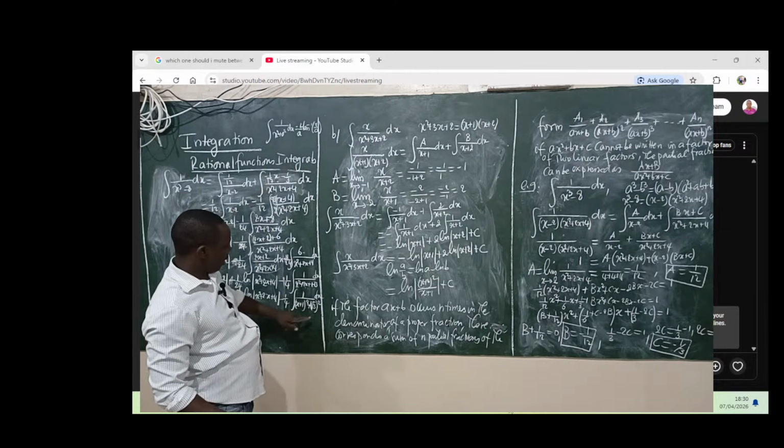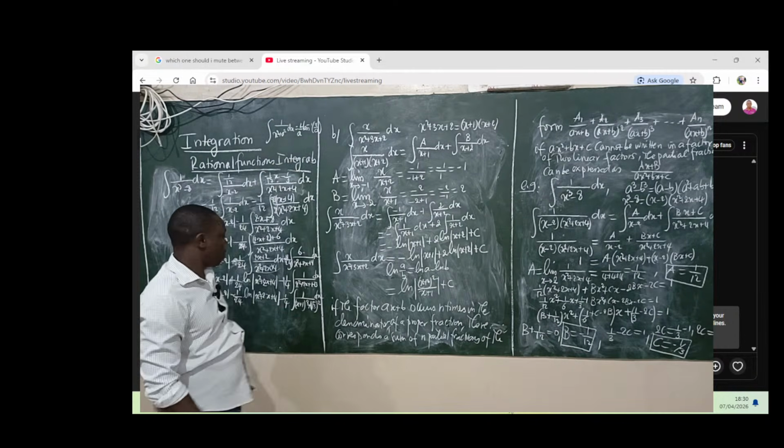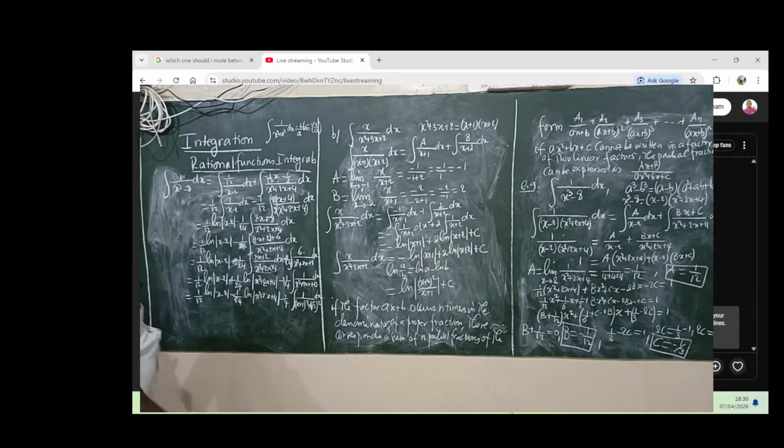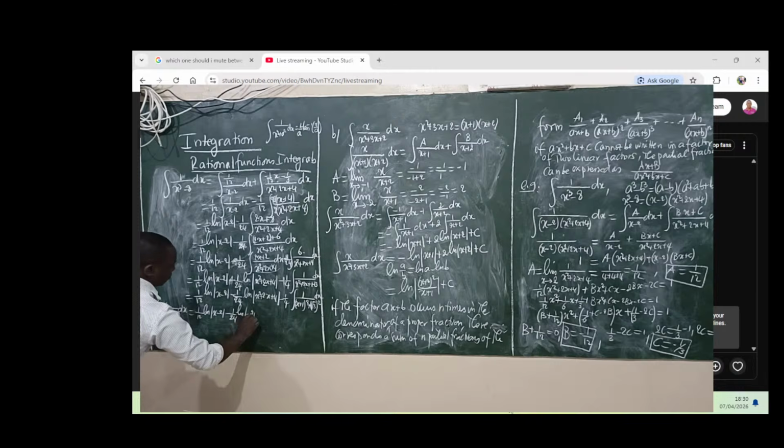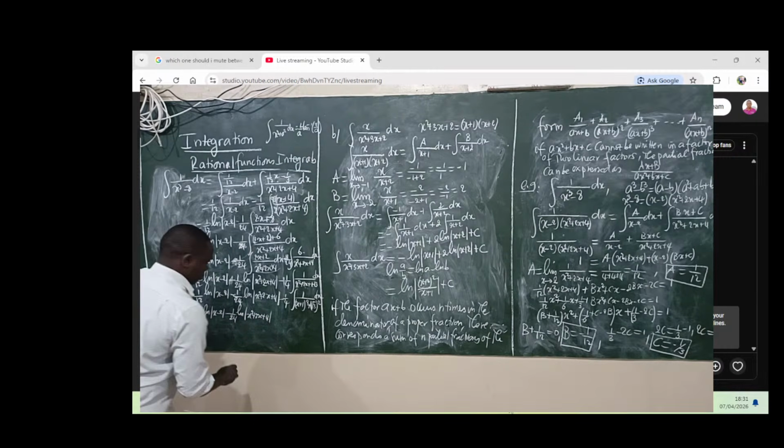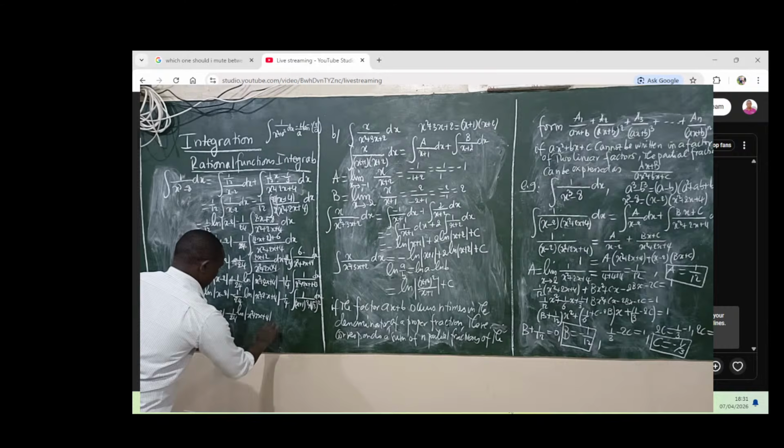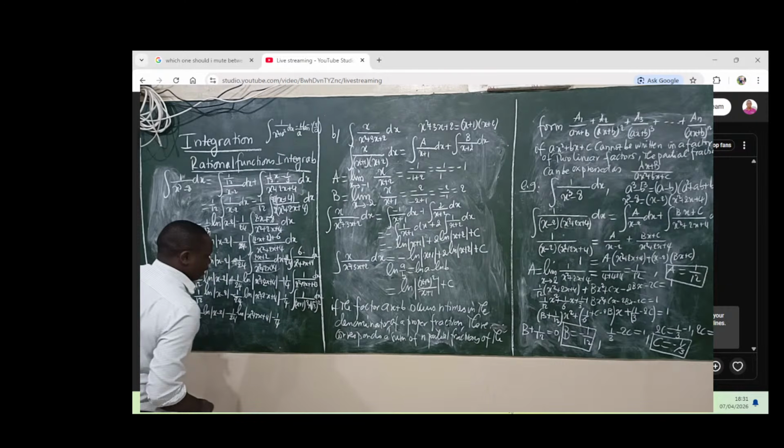Okay? The given integral 1 by x cubed minus 8 dx is going to be 1 by 12 ln x minus 2 minus 1 by 24 ln of x squared plus 2x plus 4, plus minus 1 over 4 times 1 over a, our a is equal to the square root of 3.